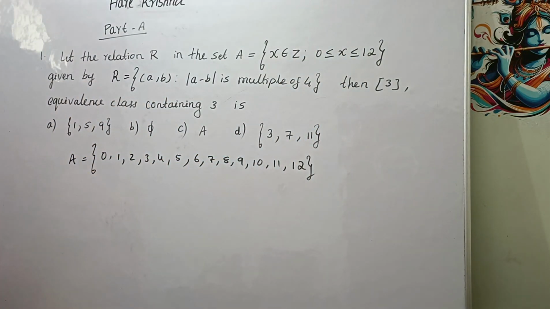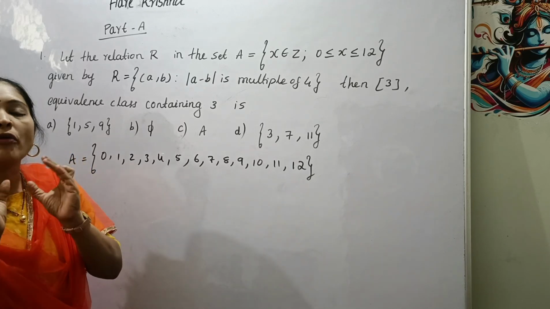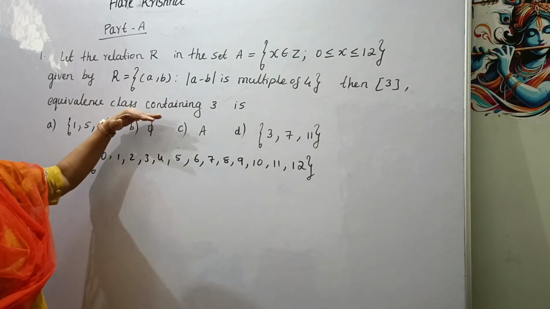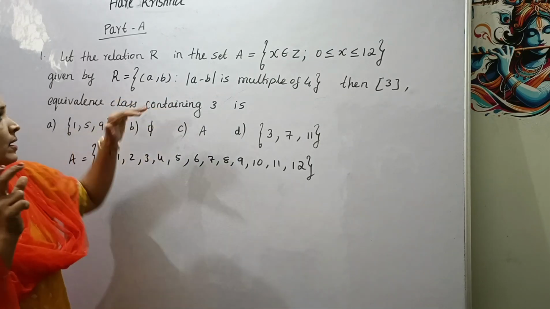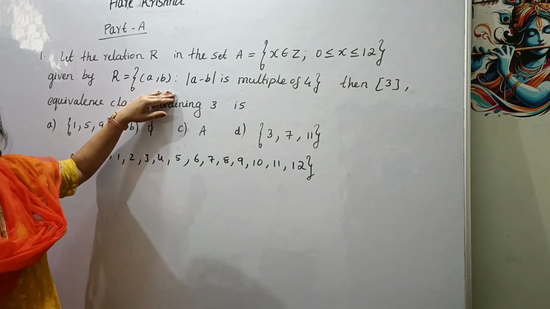Now, here we have to find the possible values of b. What is the equivalence class containing 3? It means here (a, b), where a is equal to 3.